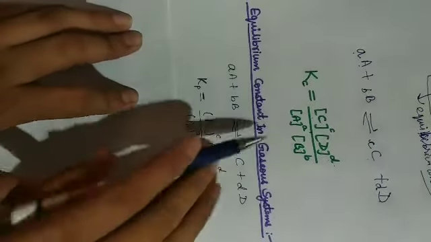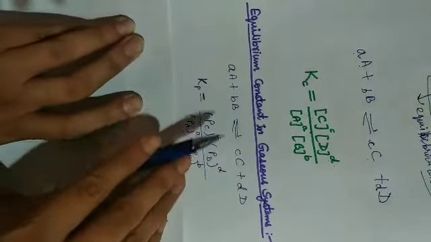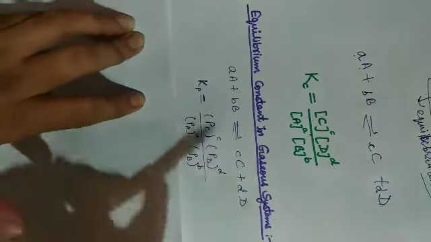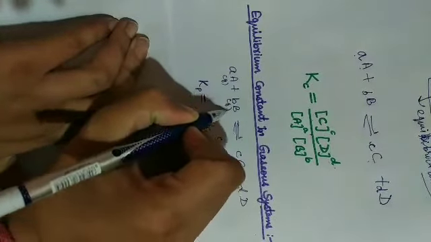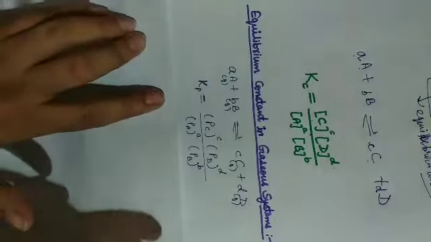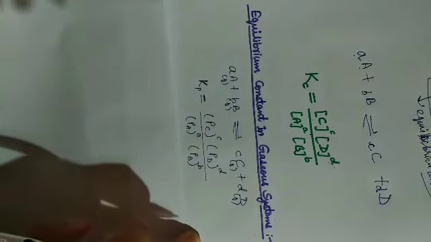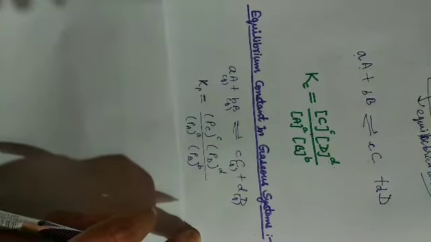Now suppose all the reactants and products are present in the gaseous phase. The whole system is a gaseous system. For that, in place of concentration, we use the partial pressure of reactants as well as the partial pressure of products.